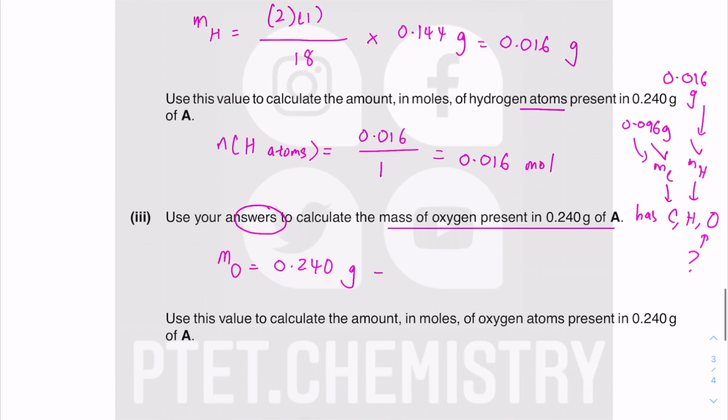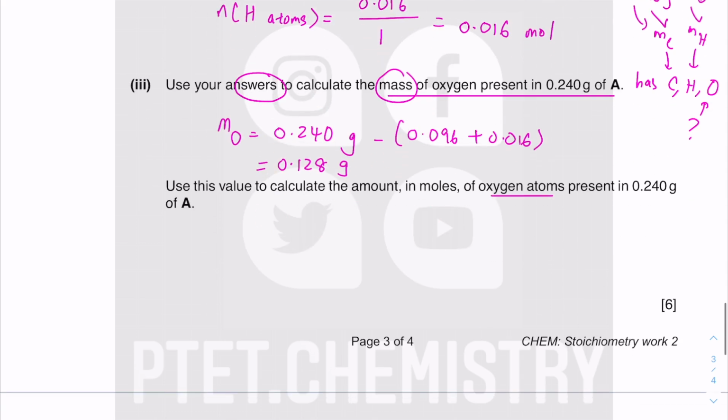Take away the mass of carbon, take away the mass of hydrogen. You add the mass of carbon with the mass of hydrogen atoms, so 0.096 plus 0.016, I get 0.112. So 0.240 minus whatever is in the bracket, I get 0.128 gram, because this is mass.